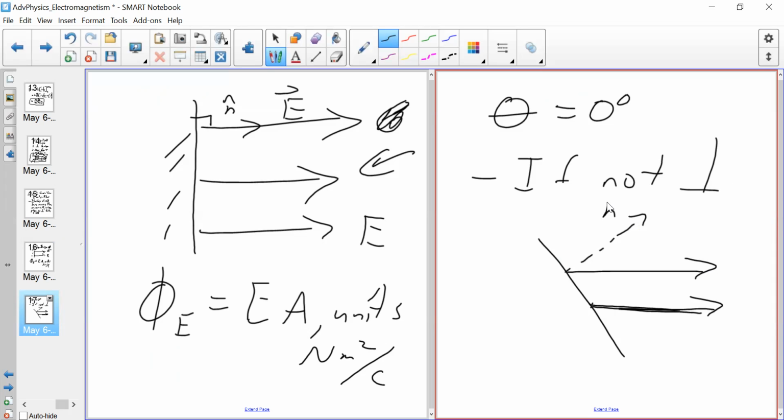So in that case, we'd be looking at the part of this normal vector. This plane of the paper has total area A, and each little piece here is dA. Each dA through which this electric field goes is in the direction of the normal vector, like here.